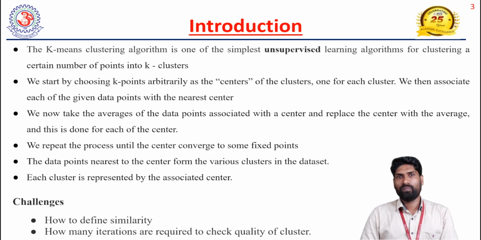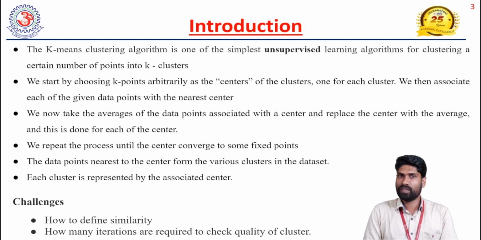Again, we have some challenges in terms of the number of iterations that we need to conduct to get a quality cluster. Quality cluster in the sense, we know that a cluster has more clarity if all points in the cluster are easily identified from the points falling under different clusters. That means the inter-cluster distance should be maximum and the intra-cluster distance should be minimum.